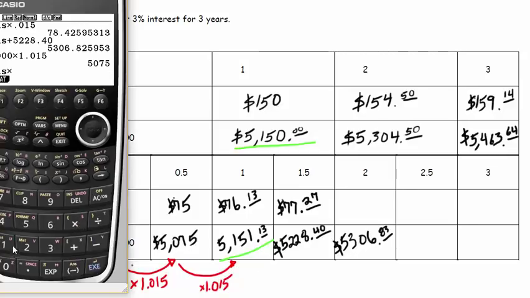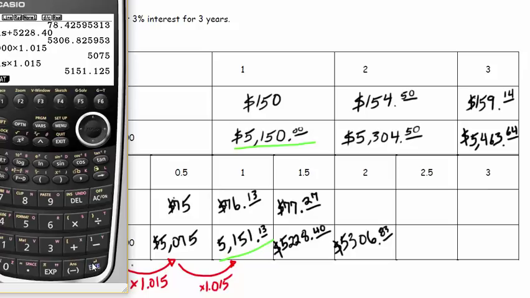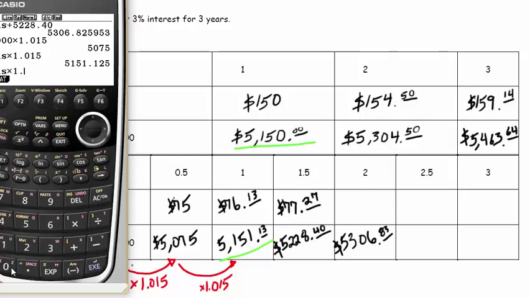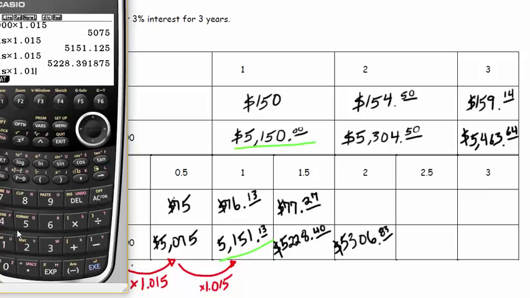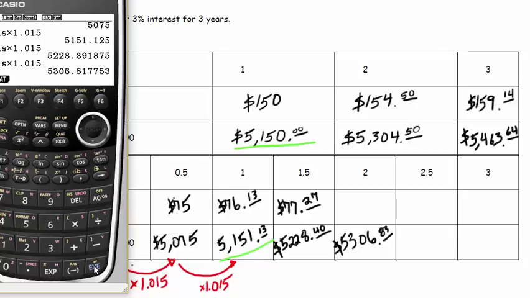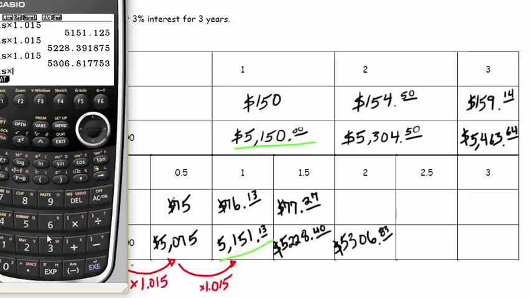So I'm going to take that result and multiply by 1.015, and it just saves me a step. And then take that, multiply it by 1.015, and then multiply this by 1.015. Alright, and then multiply this by 1.015.